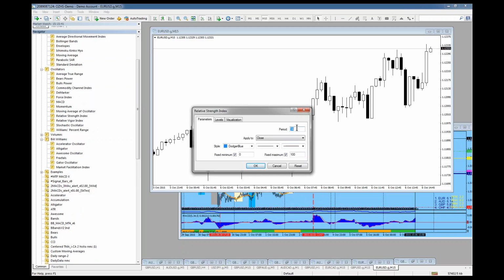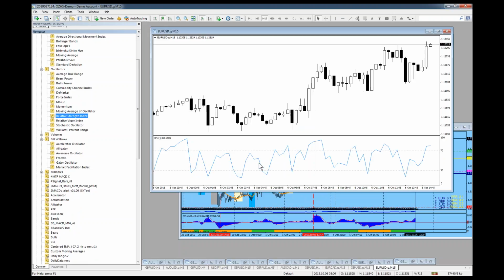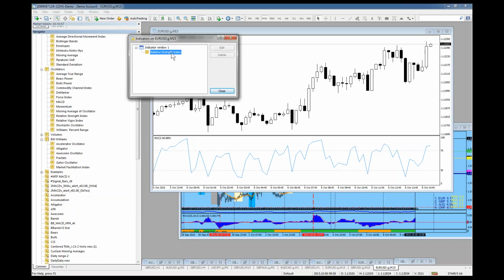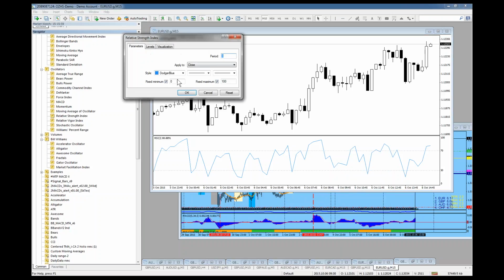This should be a 3. I need to write clearer notes for myself sometimes. Okay, and this should be 80 and 20 actually too. Let me fix that. Indicators, relative strength, edit, levels.